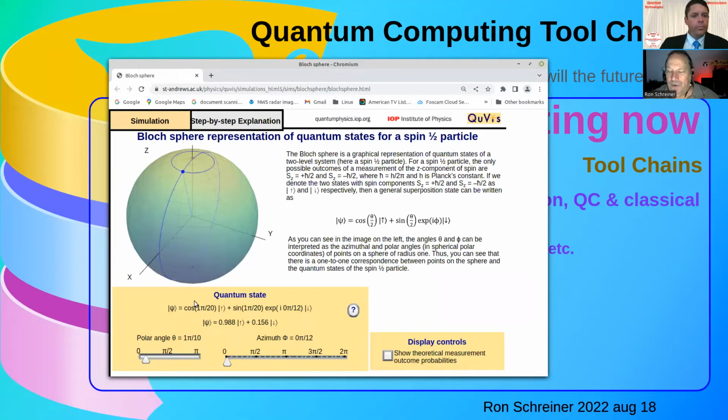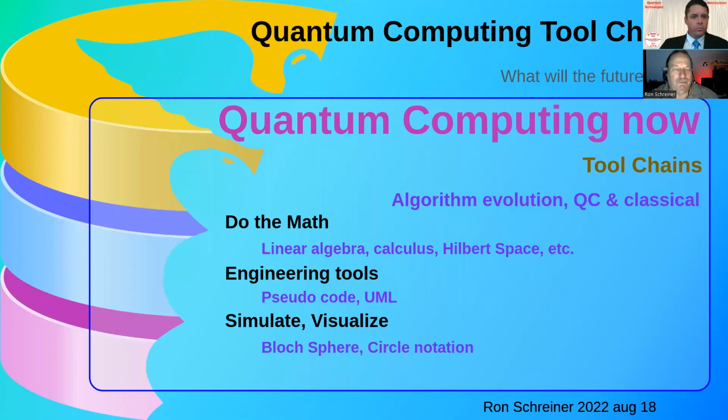So this type of external representation could be very handy, especially in your quantum algorithm, to be able to actually see. If you have this sort of tool and you can attach it to your simulation or to your algorithm research process, it might give you much better feedback than some of the other tools that are out there. Again, this is just a Bloch sphere, but I think it works a little better than some of the standard ones, or at least the one standard one, I should say.